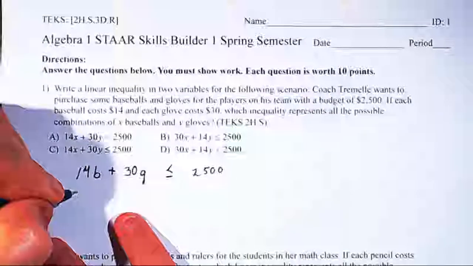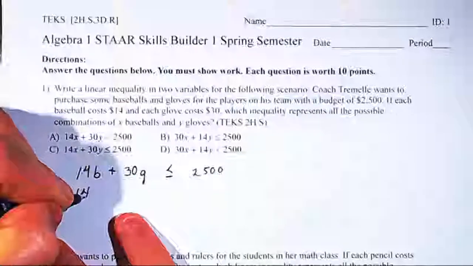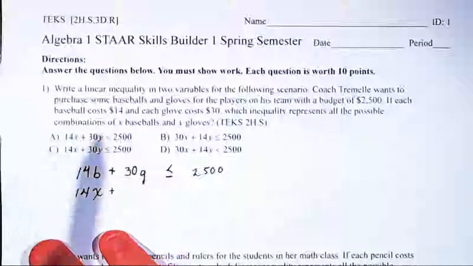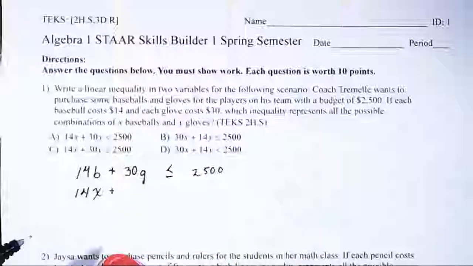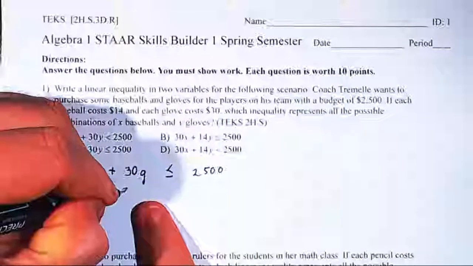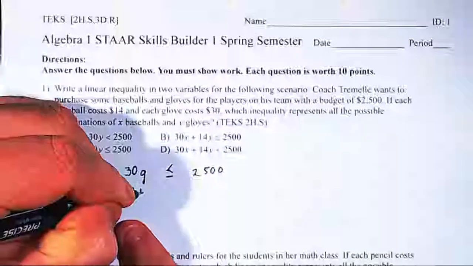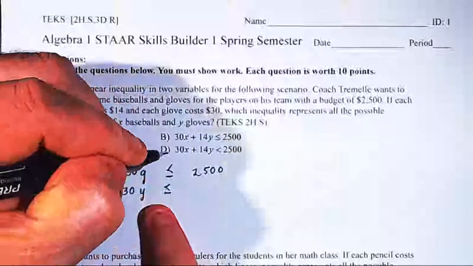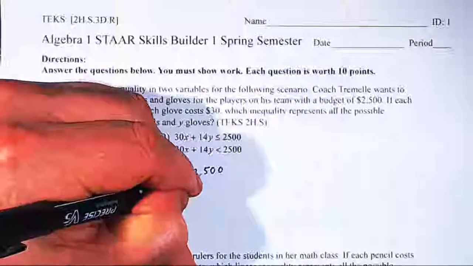So we'll rewrite this inequality, 14x plus, and then the glove we have to represent with y, so 14x plus 30y is less than or equal to $2,500.